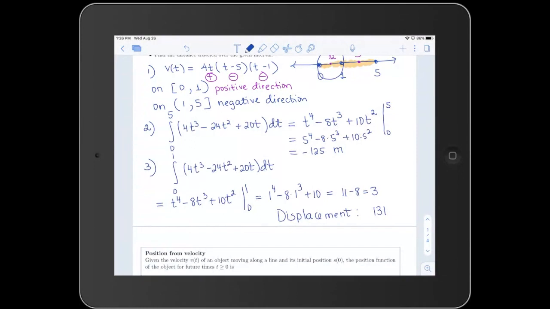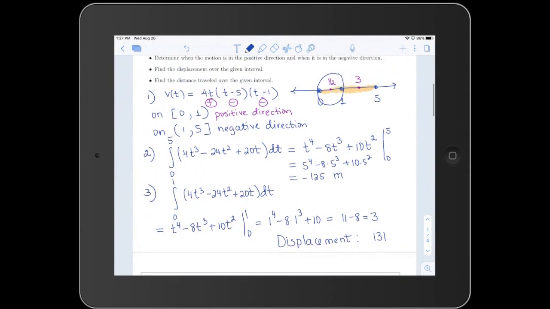From 1 to 5, the value is negative, right? So from 1 to 5, we should get a negative value. Yes. So the second part of step 3 is to add to it the integral from 1 to 5, not 0 to 5, right? From 1 to 5, that's your distance, right?